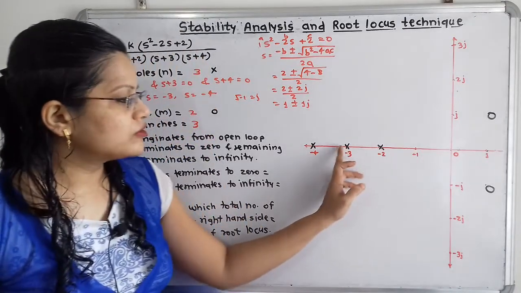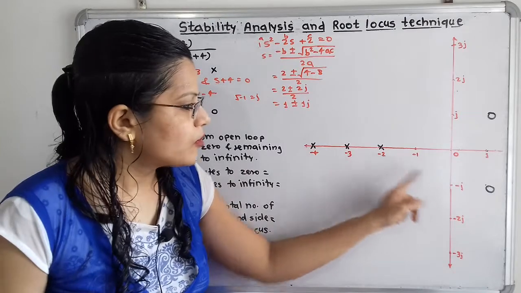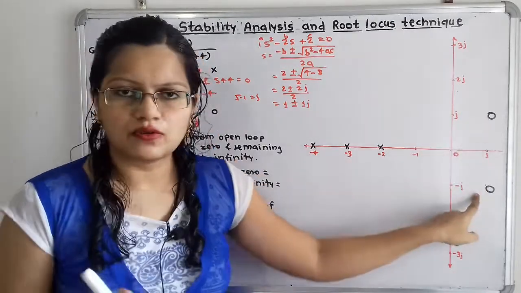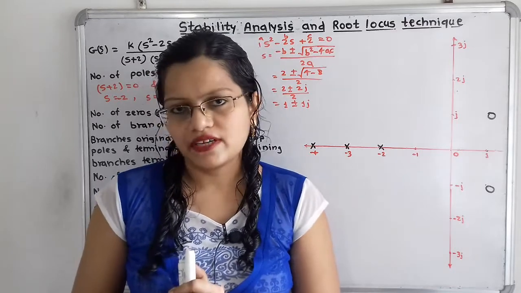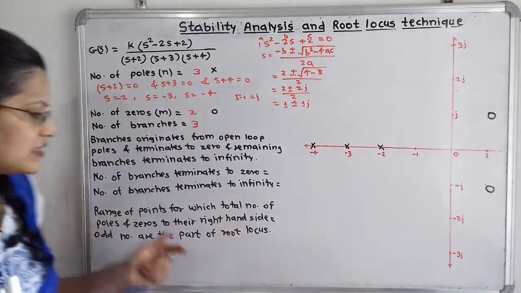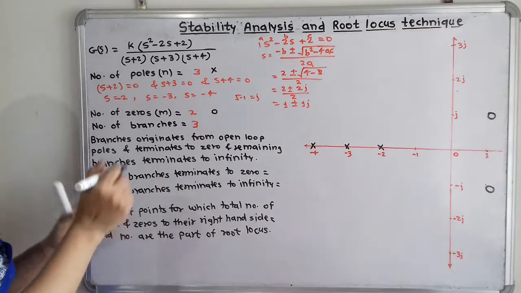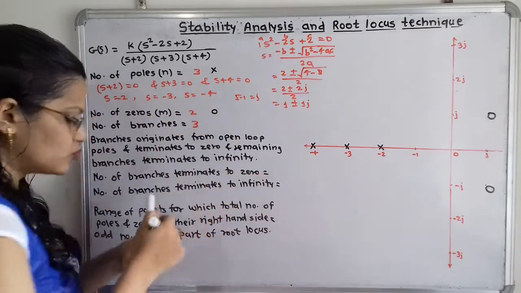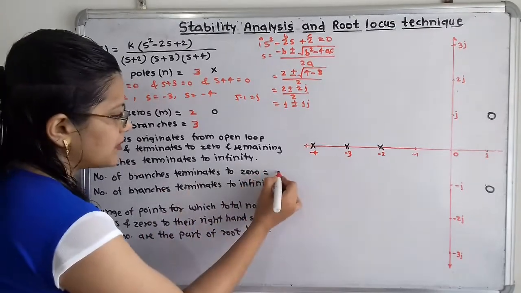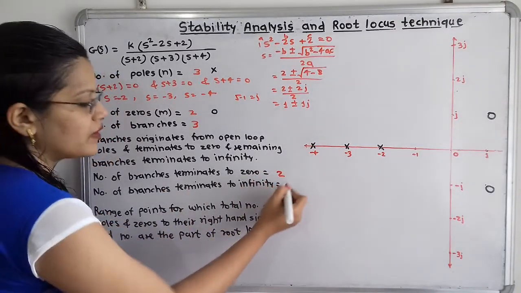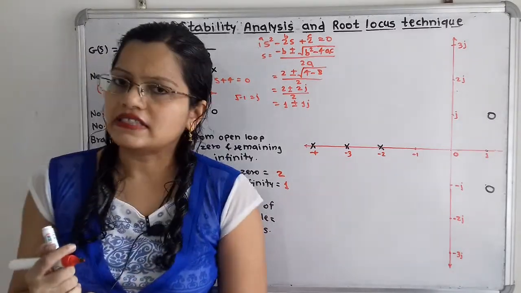Out of 3 poles, 2 branches that originate from two poles will terminate at the 2 zeros, and the remaining 1 branch will terminate at infinity. So we can say that for this question, the number of branches terminating at zero is equal to the number of zeros, that is 2. So we have to write here 2. And the number of branches terminating at infinity is the remaining 1 branch only. That is our second step.